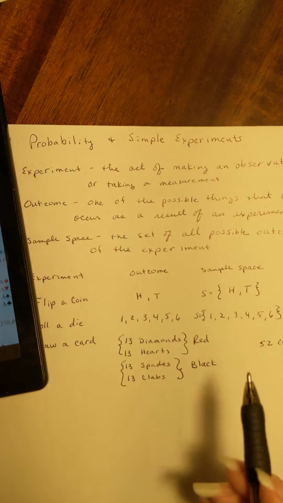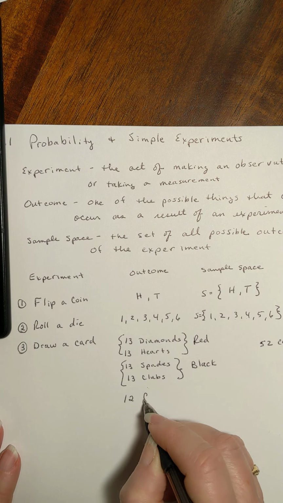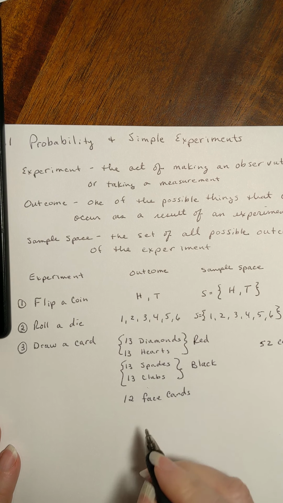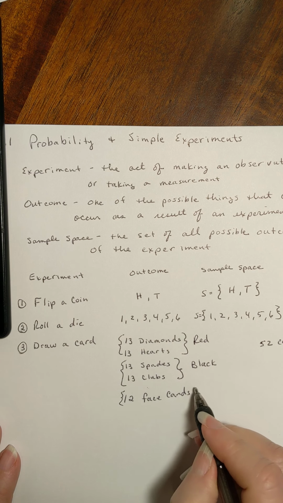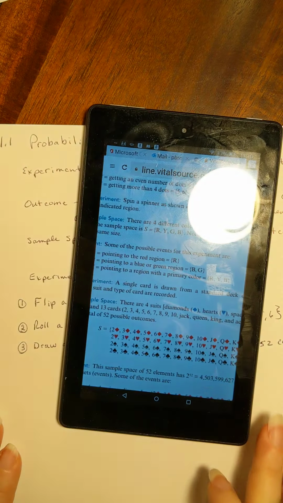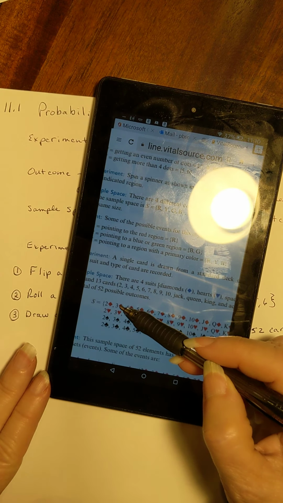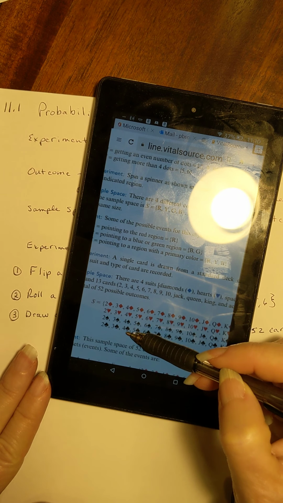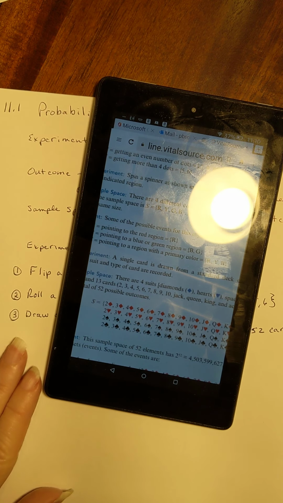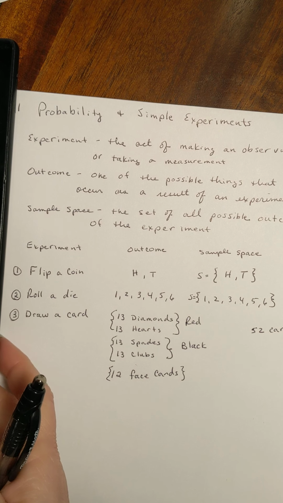So there are 12 face cards altogether. Also notice in the sample space that there are 4 2s, 4 3s, and 4 4s. One is a diamond, one is a heart, one is a spade, one is a club. So for each number, there are 4 of them.